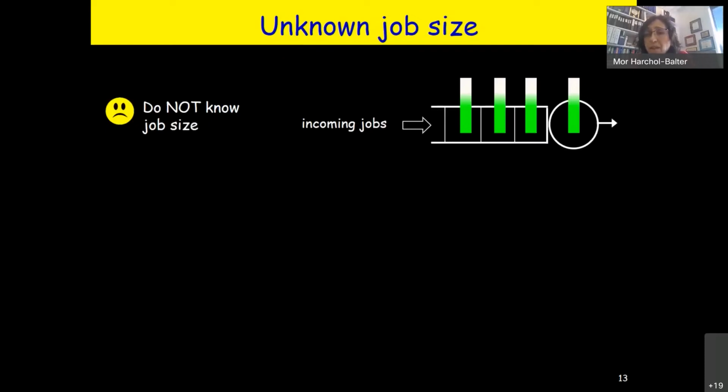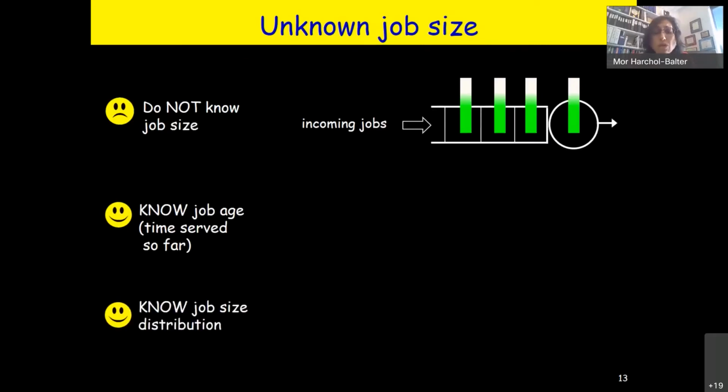But what you do know is the ages of the jobs. Age is how long a job has run so far. It's not how long it's been in the system. It's how many seconds of CPU the job has received so far, how much work has been done so far. You also know the job size distribution because you've been watching jobs complete over time.